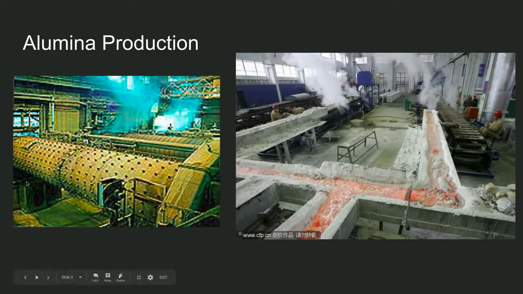So first you grind up your bauxite ore using this machinery that we can see off to the left. Once it's crushed, you wash out mineral impurities that are easy to remove just using water.